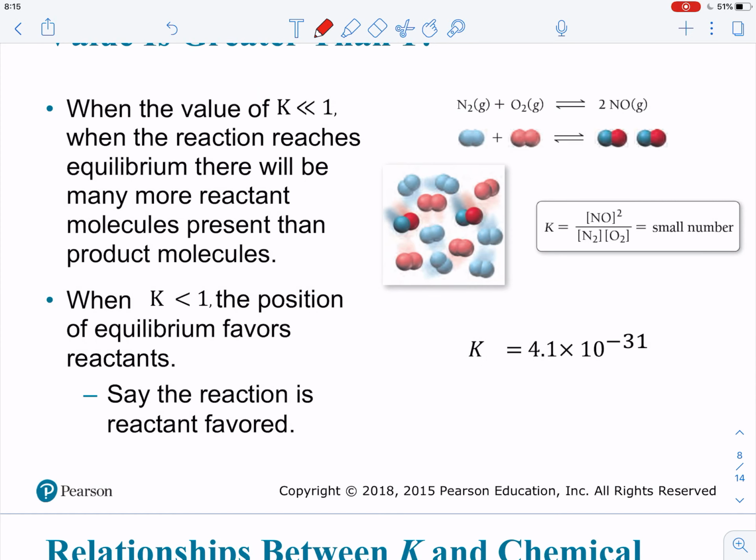In this case, if K is really small, it means that either the concentration of NO is very small, or the concentration of nitrogen and or oxygen is really large.